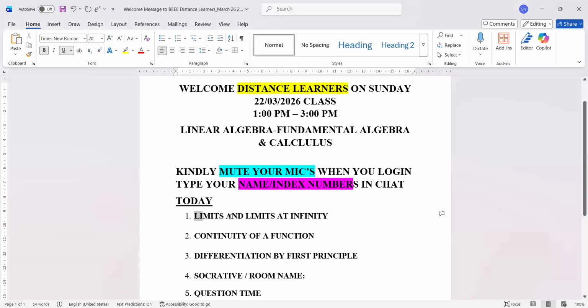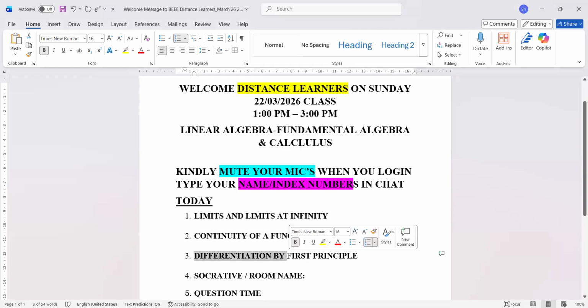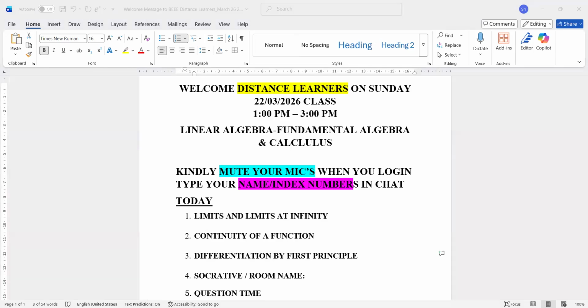So we are going to look at the definition of limits and the limits at infinity, and then what we mean by whether a function is continuous at a point, continuity, and then hopefully look at differentiation by first principle. Because you can find all this in the PowerPoint. Then briefly show you where it is.